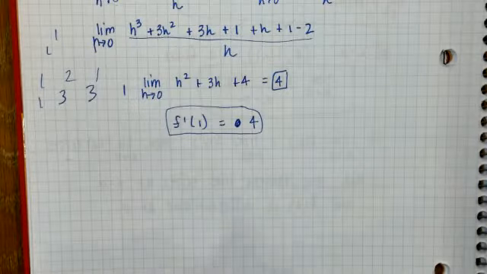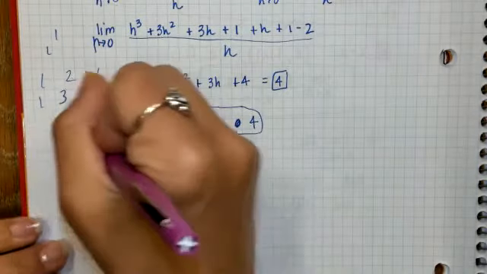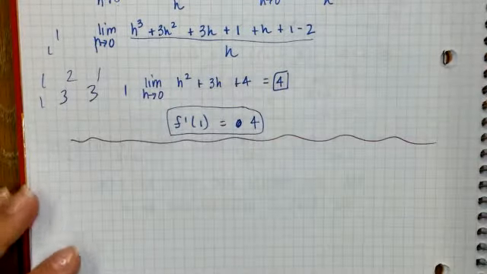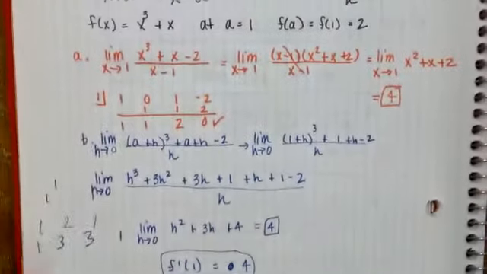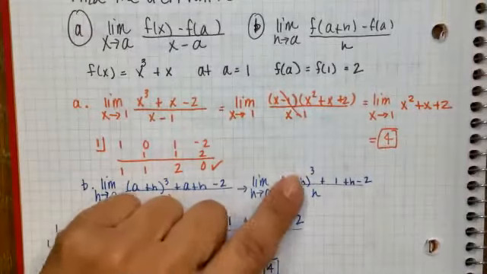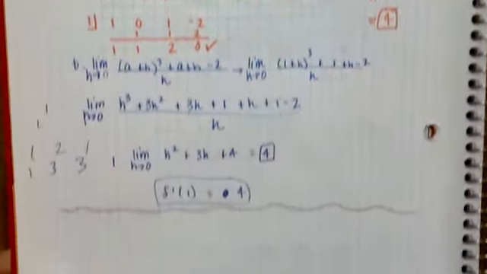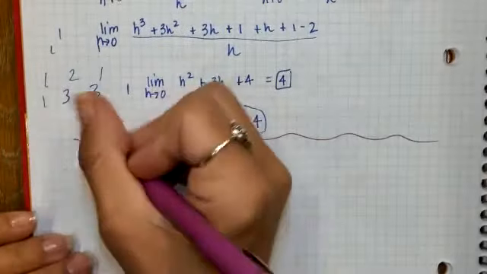Let's take a minute to find the slope of the curve at any point. So what we did here was we found the slope of the curve at a equals 1. Let's find the slope of the curve at any point.